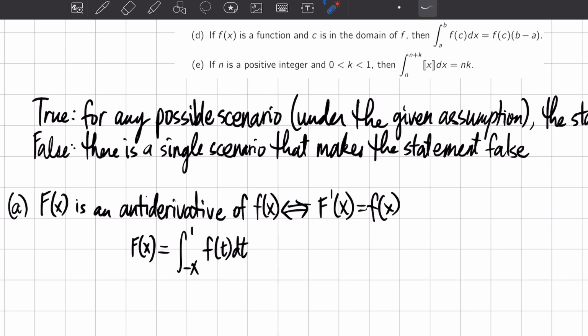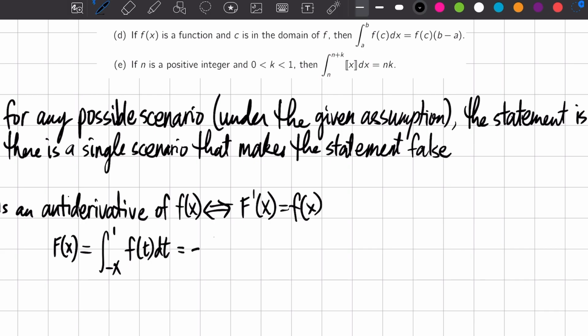But in this case, it is the reverse. The lower bound is a function and the upper bound is a number. So we have to change bounds. So by doing so, you will introduce a negative sign, and you have the integral from 1 to negative x of f of t dt.